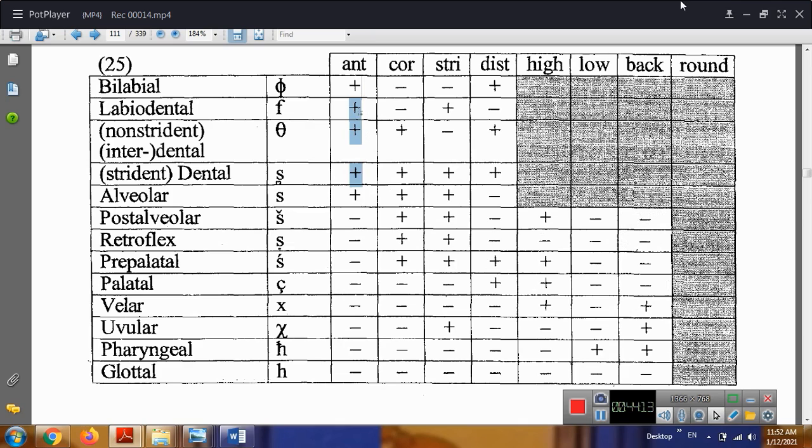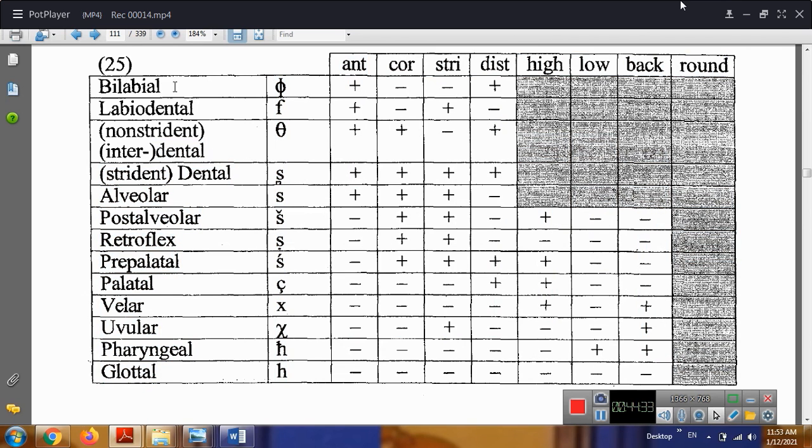Therefore, when we have the plus anterior feature, we shouldn't mention high, low, and back. But when the sounds are minus anterior, you should mention such features too: high, low, and back.